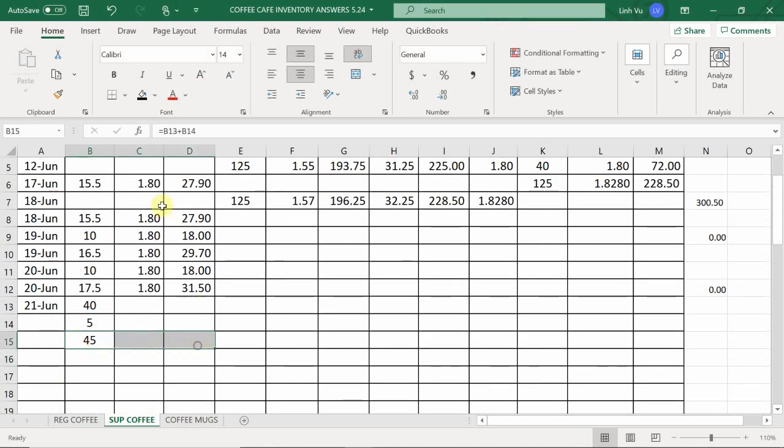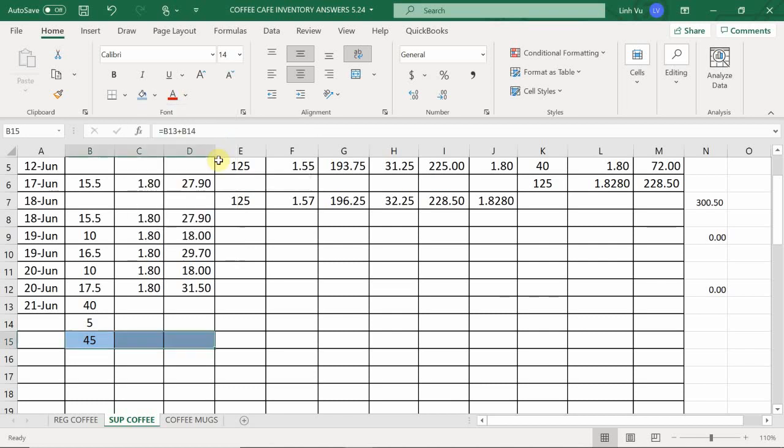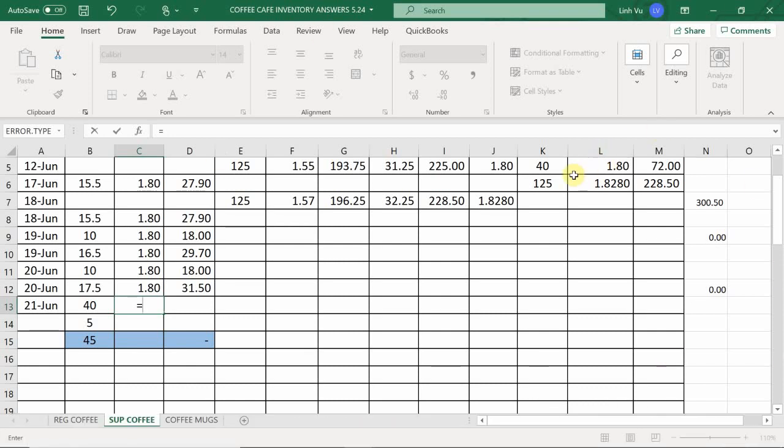So this right here, what I'm going to do is highlight this so then I can make it like a calculated formula here, so that I know that I have 45 pounds, right? I do the same thing here. I'm going to be adding the total cost here. Now, once again, how much is that one for 40 pounds?